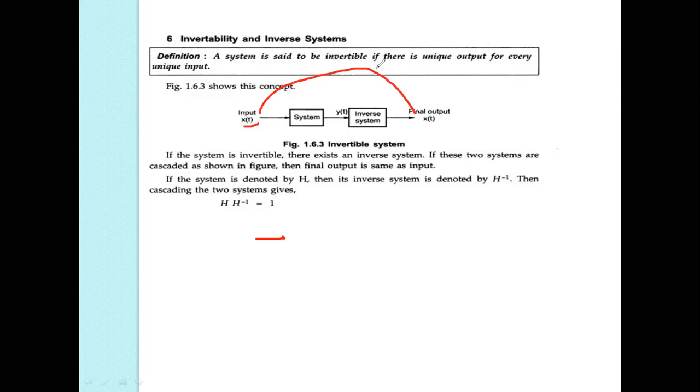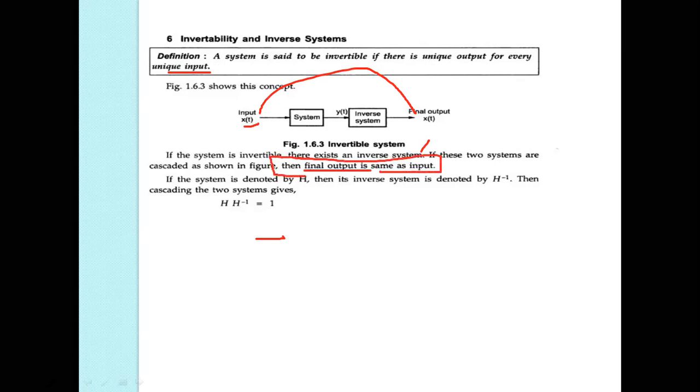A system is said to be invertible if there is a unique output for every unique input. If a system is invertible, there exists an inverse system. If these two systems are cascaded as shown in the figure, the final output is the same as the input. This is very important.